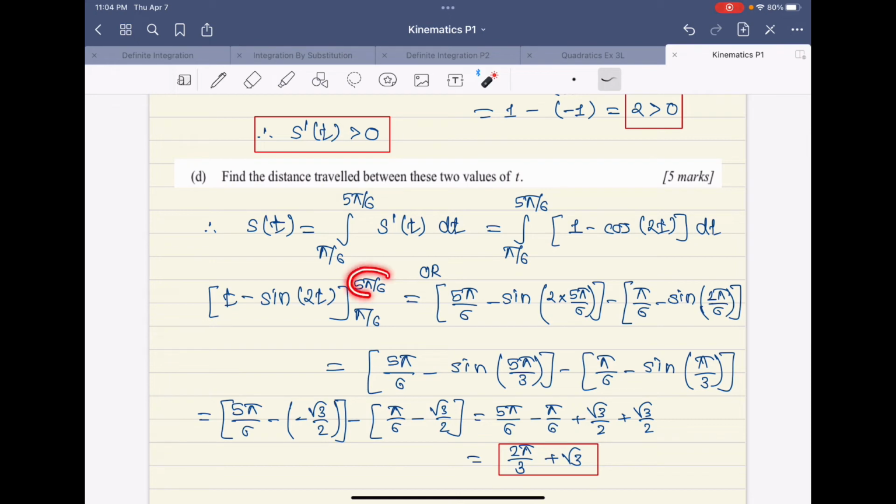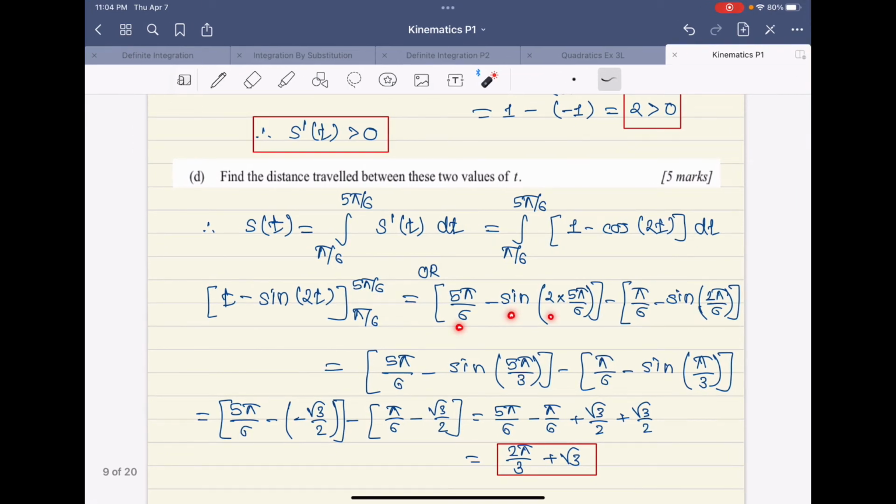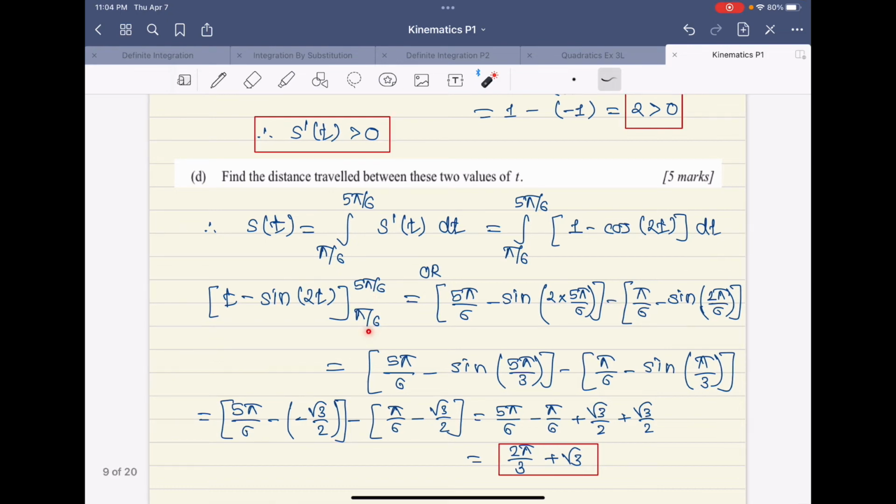First you substitute t is 5 pi by 6 here as well as here, so sine of 2 into 5 pi by 6. When you substitute upper limit and lower limit, the middle sign is a minus. Now put lower limit, pi by 6 minus sine of 2 into pi by 6.